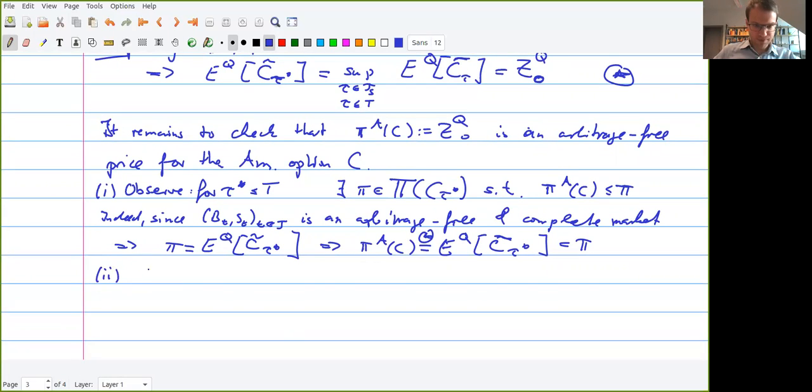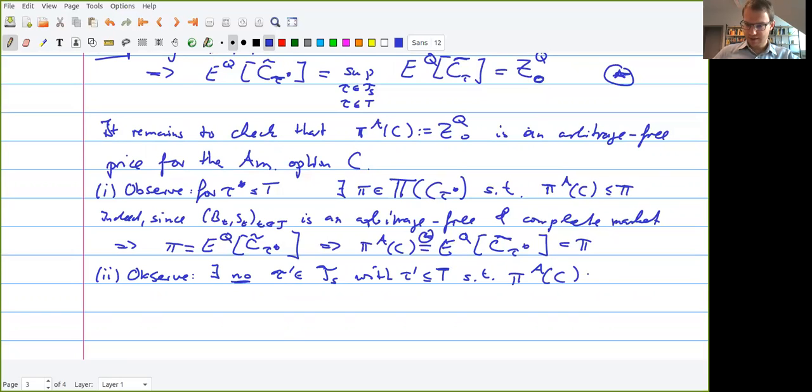And the second thing I want to observe, which is a check, is, the second property of an American option, means there exists no stopping time, which should be an exercise strategy, so I assume that it's less than capital T, such that I can stop my American option in a way that I get strictly more value than I paid for it, for all possible prices of the European option.